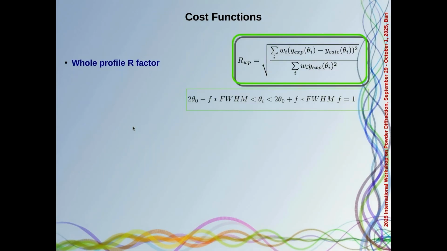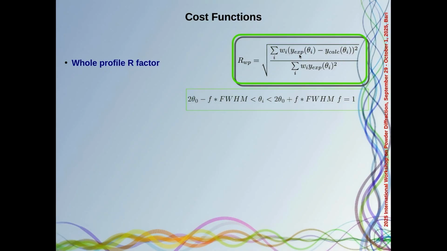And this slide is dedicated to the cost function used in EXPO. In EXPO, we have two cost functions for the real space method. The first cost function is the same cost function that you have in the refinement. You have a sum over all the data points of the difference between the experimental intensity and the calculated intensity.